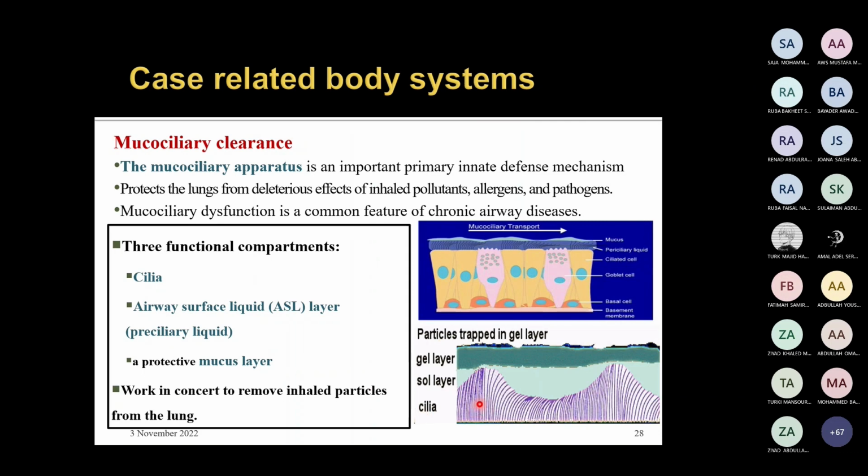We have cilia, we have a solution layer, a water layer, and above the water layer there is this gel formed by the mucus. The gel traps the particles, and the fluid helps to make this gel float, not sticking on the surface of the cells, and the cilia will move easily through this solution layer to stroke outside, to move this layer outside of the airway.